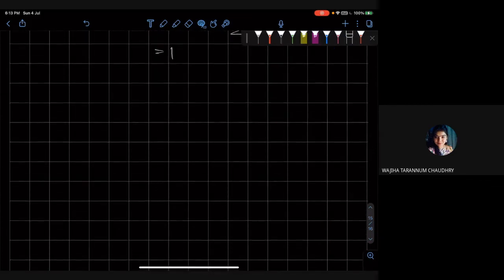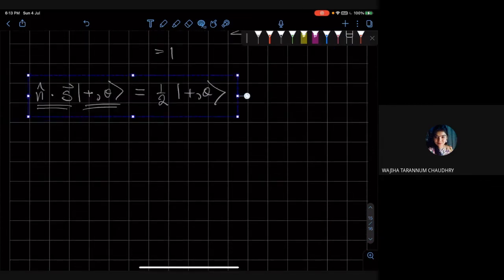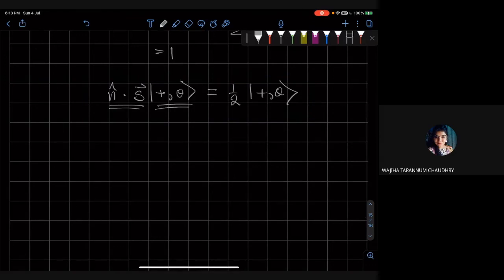So this is our eigenvalue equation, and n is a vector which is 0, sine of theta, cosine of theta.